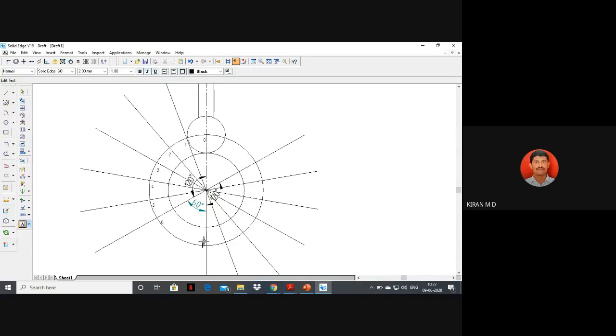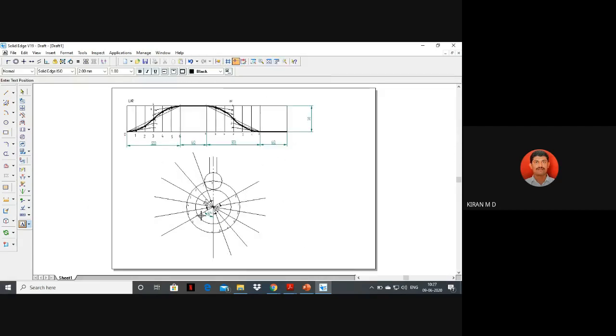Again, this is also 6, 5, 4, 3, 2, 1, 0. So we have divided according to the points we have. 1, 2, 3, 4, 5, 6. Then 6, 5, 4, 3, 2, 1, 0. 1, 2, 3, 4, 5, 6. 6, 5, 4, 3, 2, 1, 0.